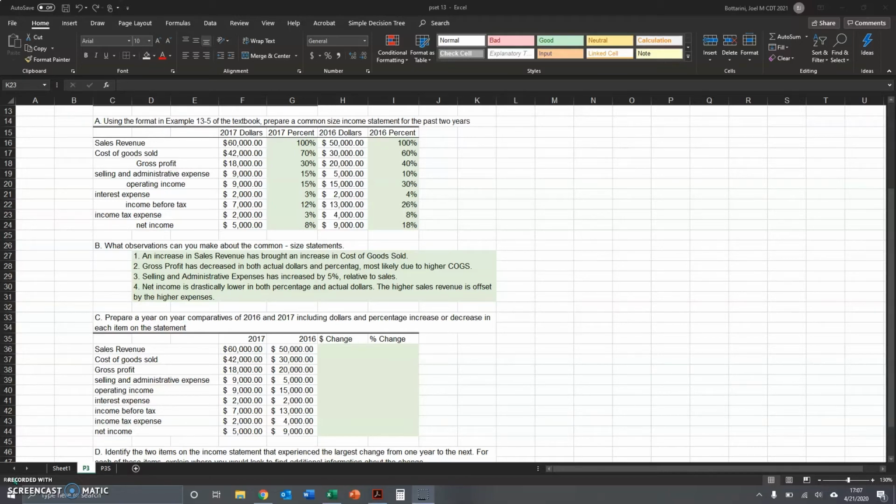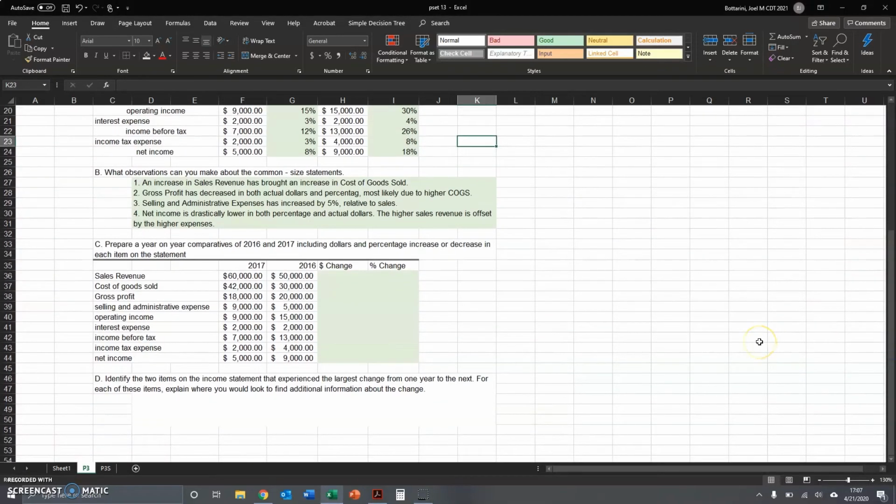Finally, net income is drastically lower in year 2017 than it is in year 2016 and also in percentage. And this is due to the higher expenses that we see in year 2017 offsetting the higher sales revenue.